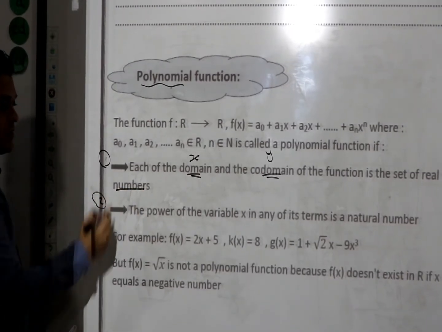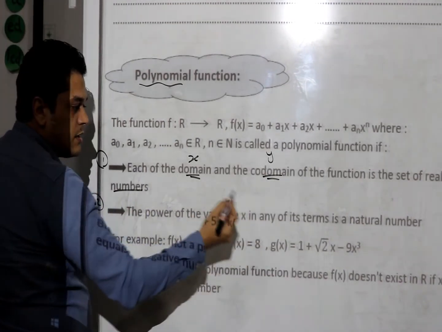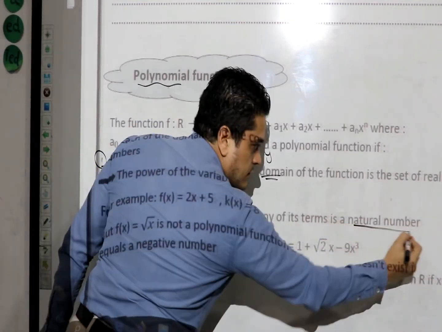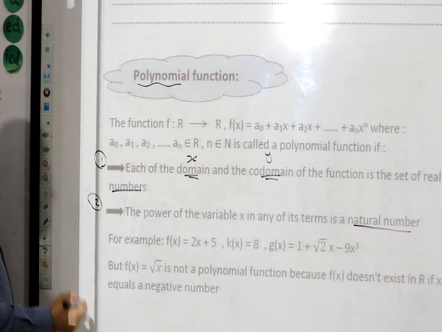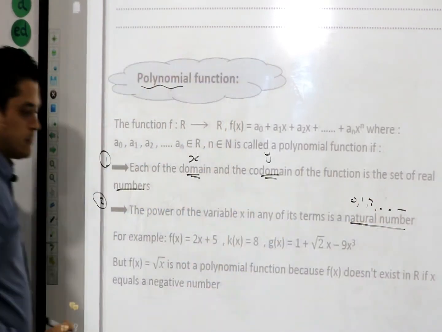Number 2, the power of the variable x in any of its terms is a natural number. Natural numbers start with 0, 1, 2 and so on.